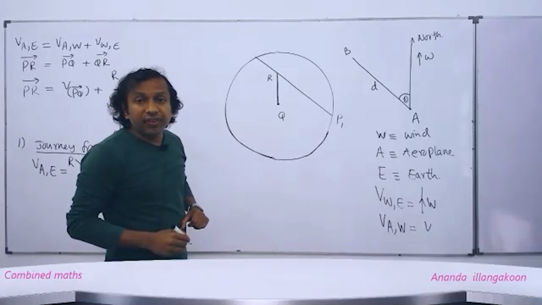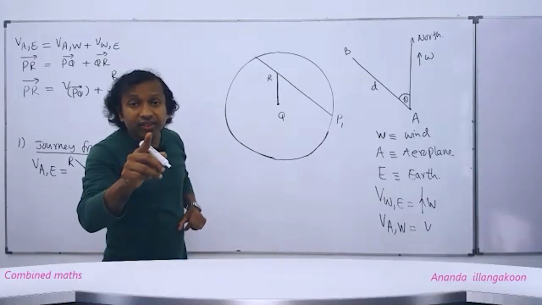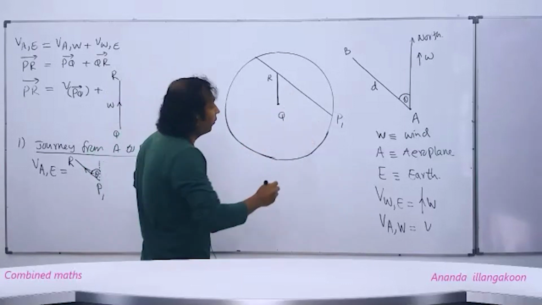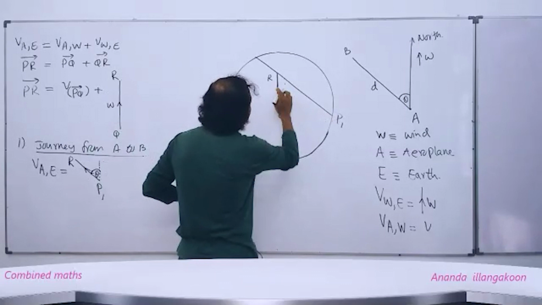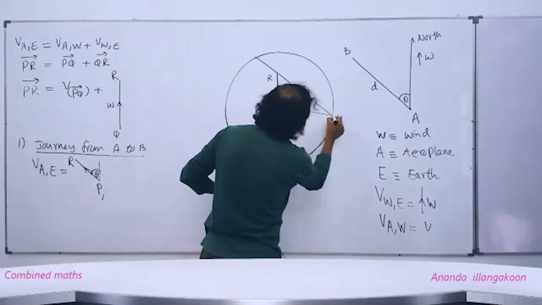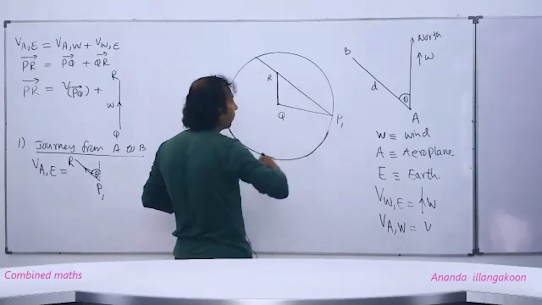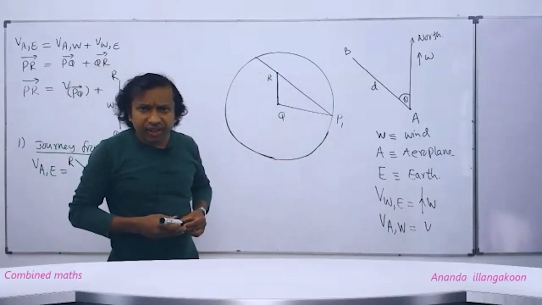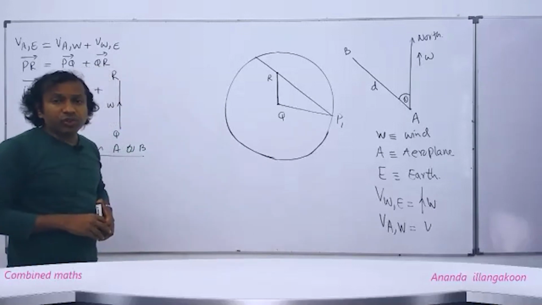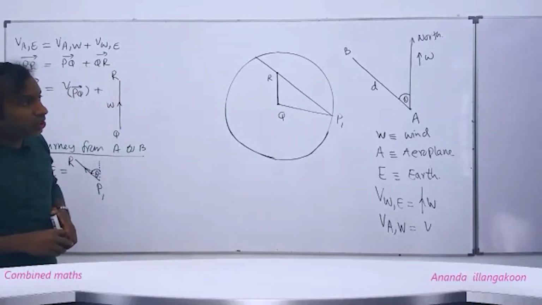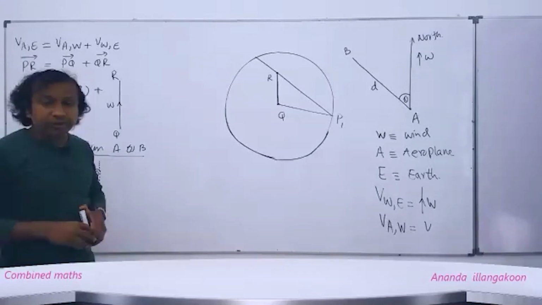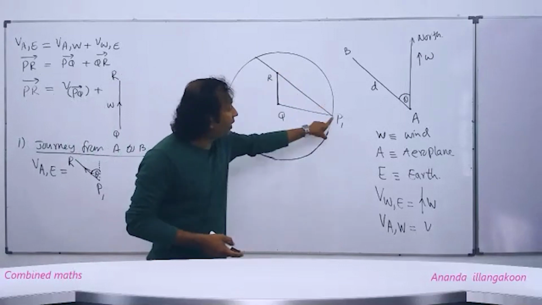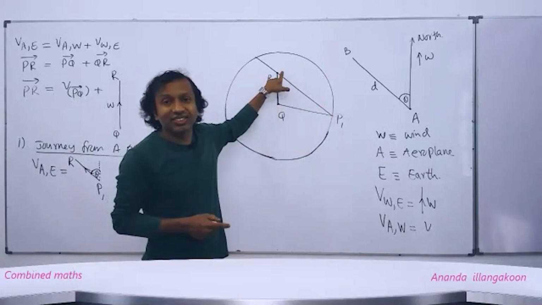Then, people, the first triangle for the motion of the aeroplane from A to B, now we can prepare like this: P1QR. What is this P1QR triangle? It is the velocity triangle for the motion of the aeroplane when it moves from A to B. Then, by this P1R length, what do you get?